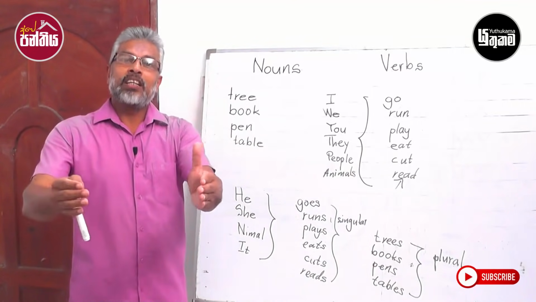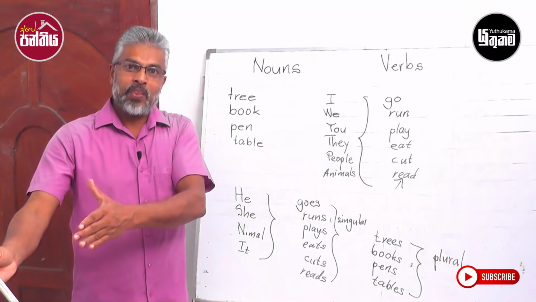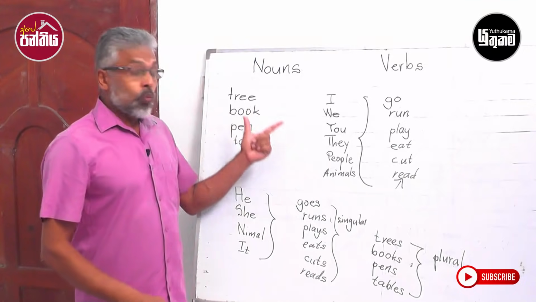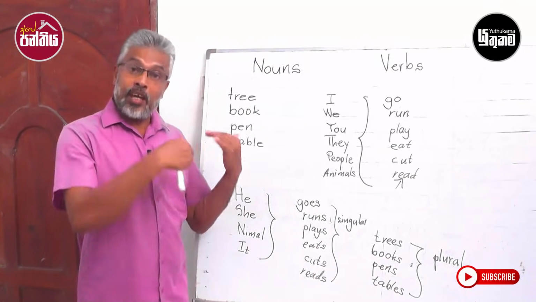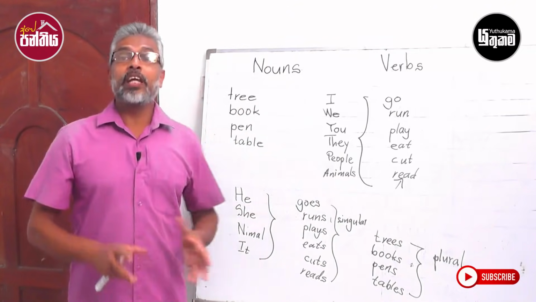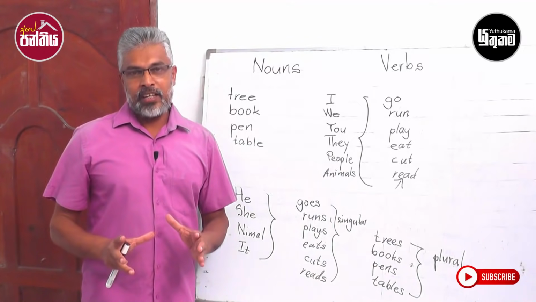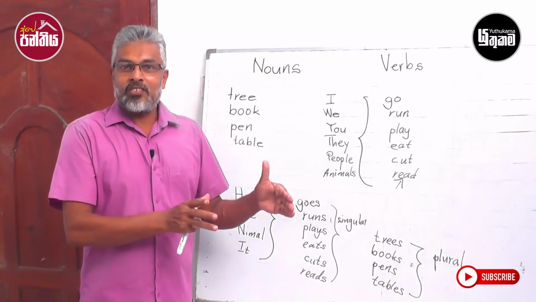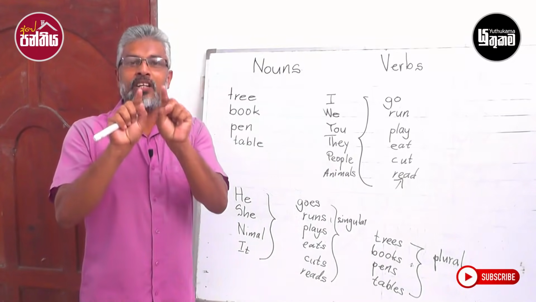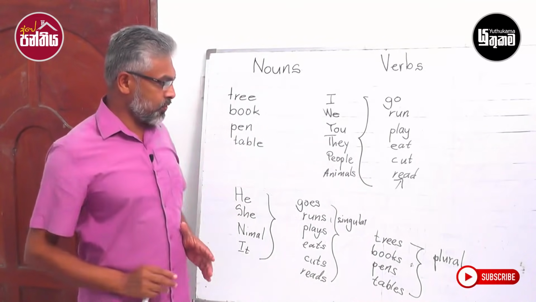We will discuss them later. And what happens when you add the same s, es, ies sometimes to nouns? They become plural. This understanding will help you to form correct, simple, grammatically correct sentences.